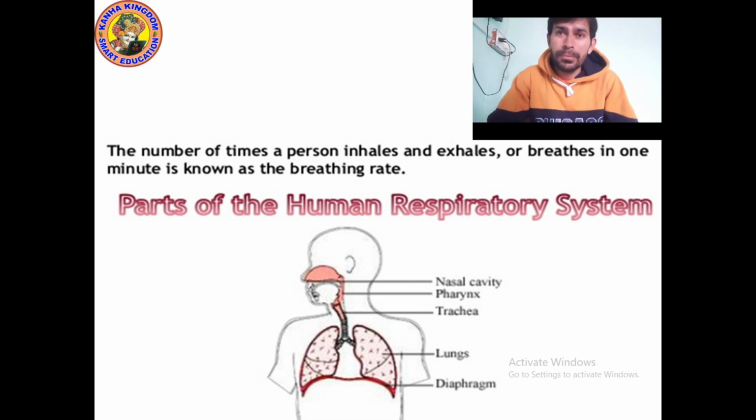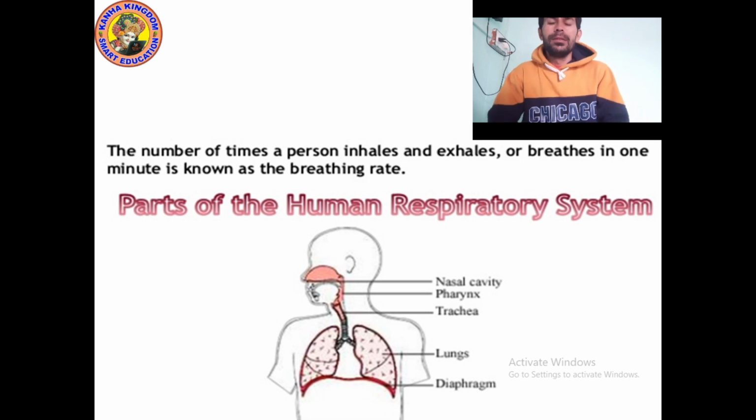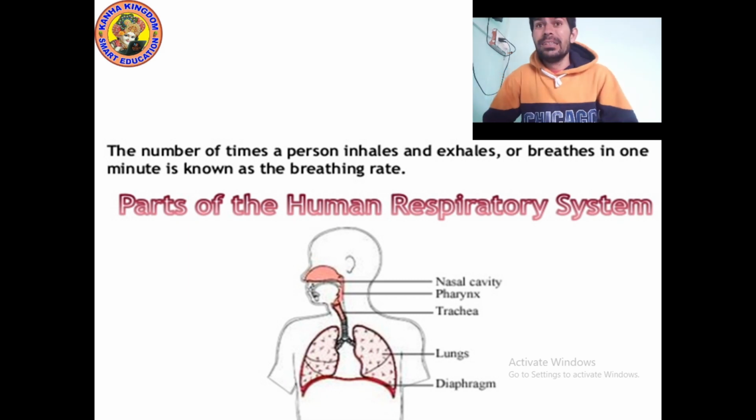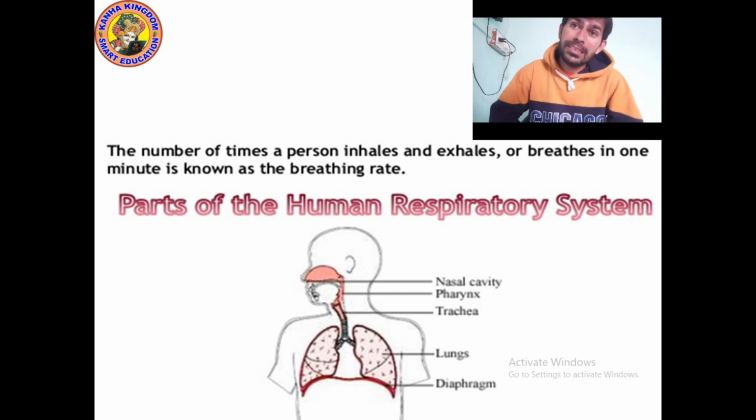Just below the lungs is the diaphragm. When you breathe in air, the diaphragm size increases, and when you release the air, the diaphragm size decreases. When you are taking in oxygen, the diaphragm goes down, and when you release the air, the diaphragm comes up.